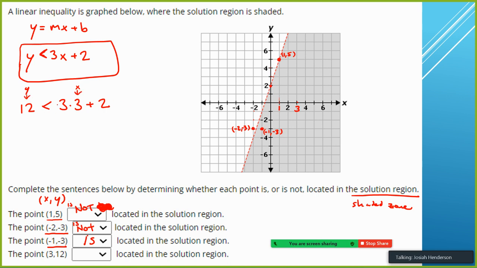Okay, simplify, and what do we get? 3 times 3 is 9. 9 plus 2 is 11. And uh-oh, this says 12 is less than 11. False. So the point I just plugged in, 3 comma 12, is not a solution, not in the solution region.